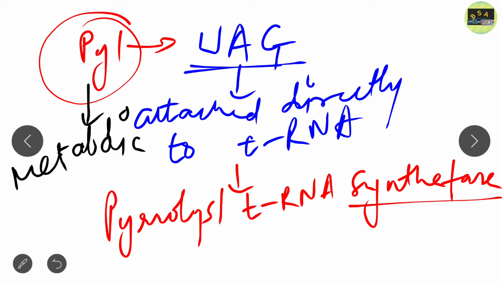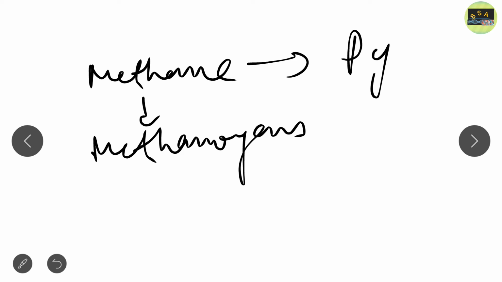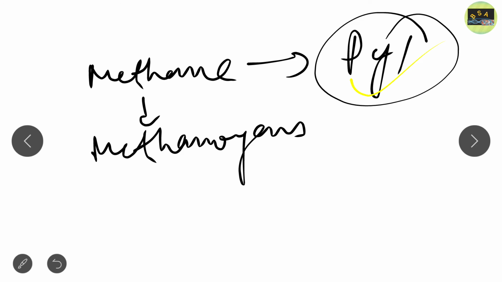They basically produce methane, which is why they are called methanogens. They produce methane for their metabolism, and in that metabolic pathway they are going to produce pyrrolysine. This is the concept, but the exact pathway that produces pyrrolysine needs to be elucidated. We don't have a clear idea about this.